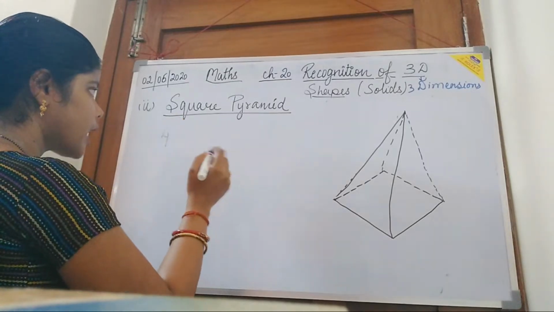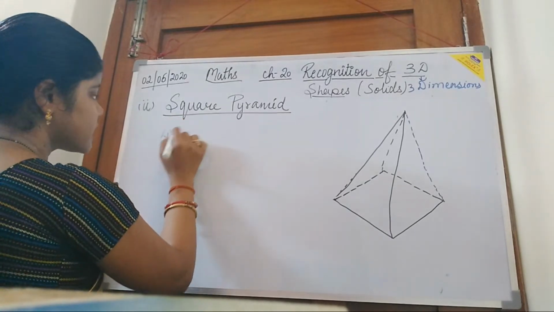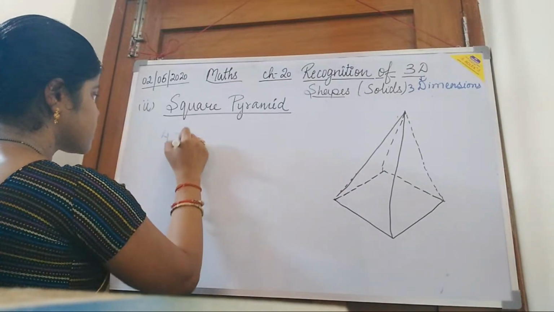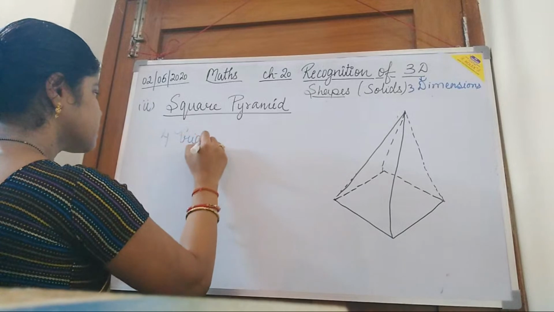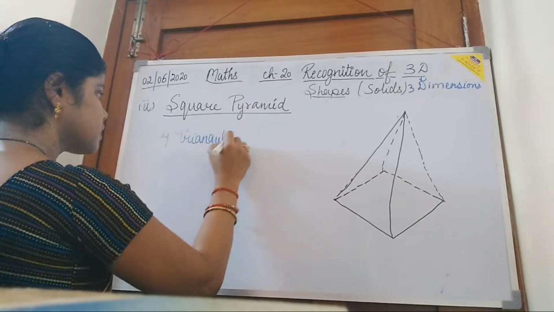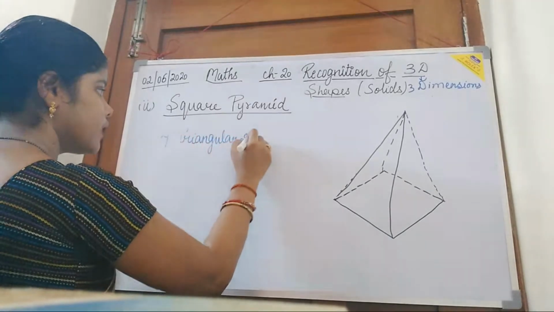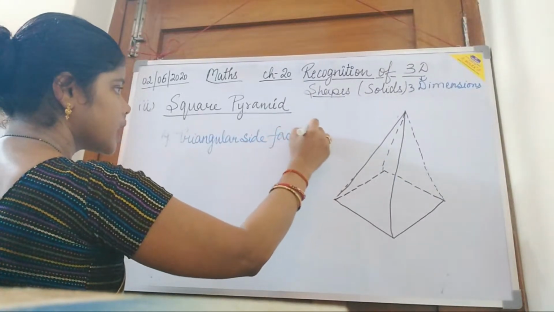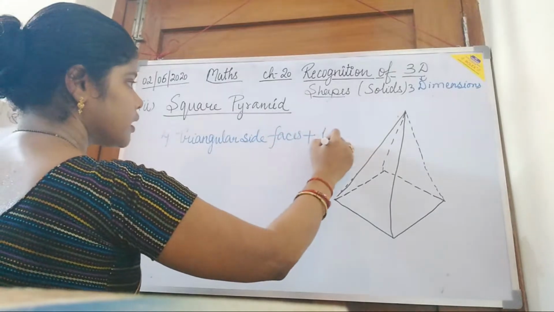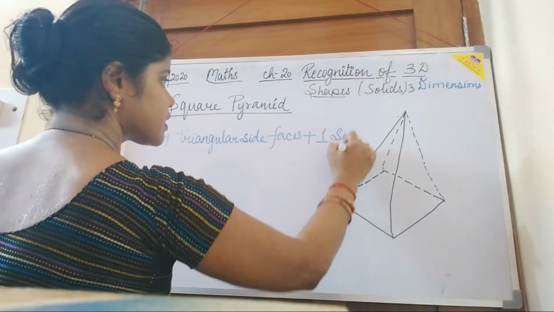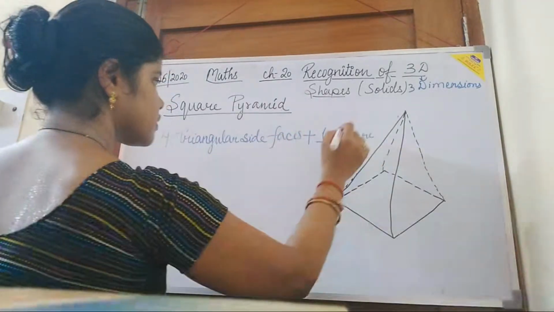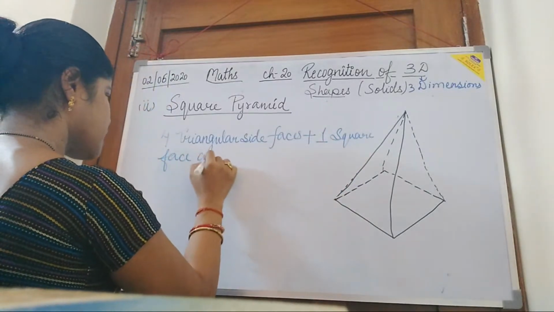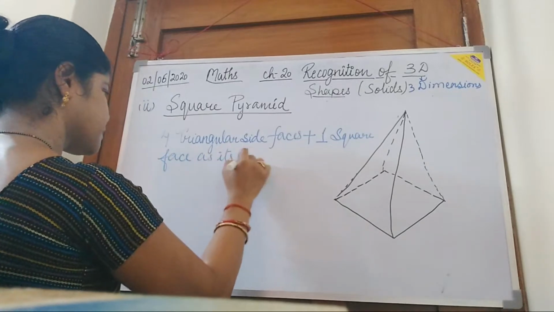In a square pyramid, this solid is having 4 triangular side faces, or you can write it as lateral faces, plus 1 square face as its base.